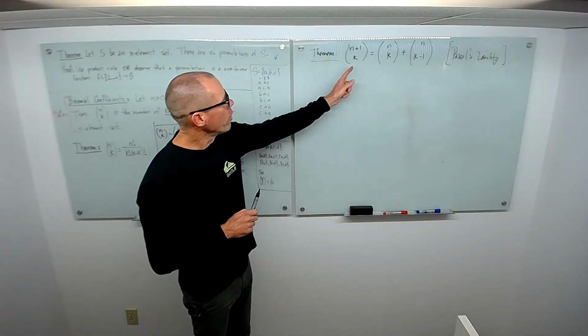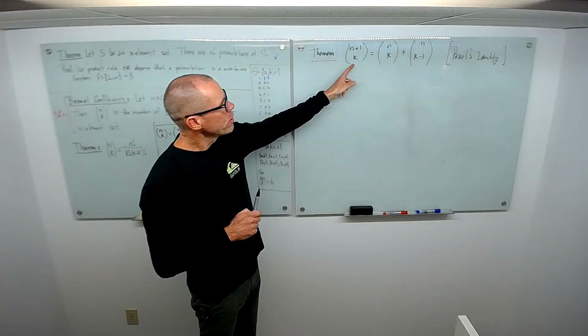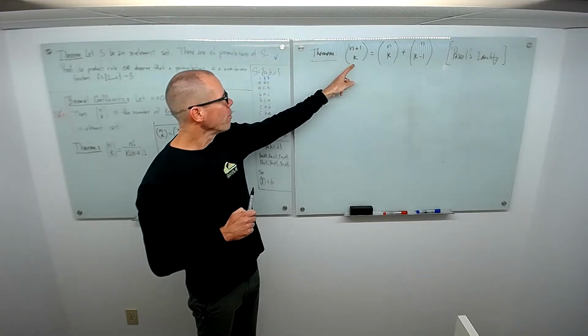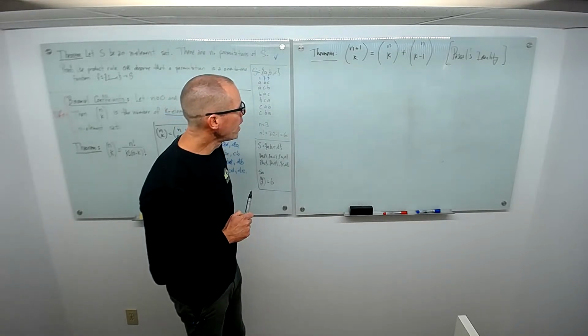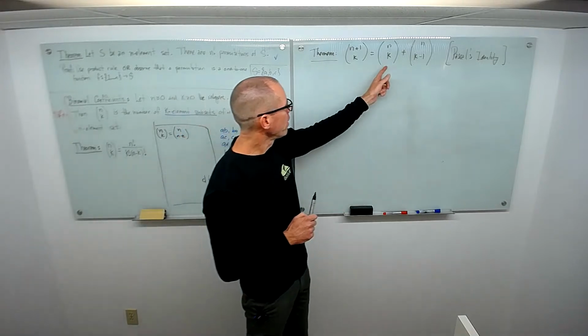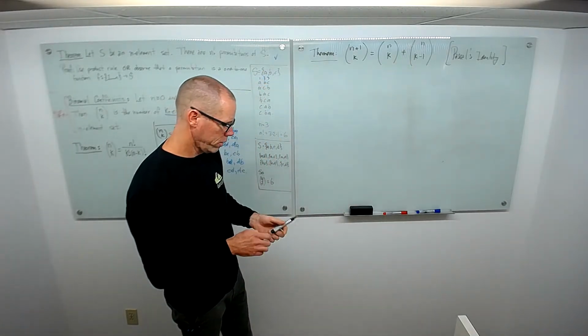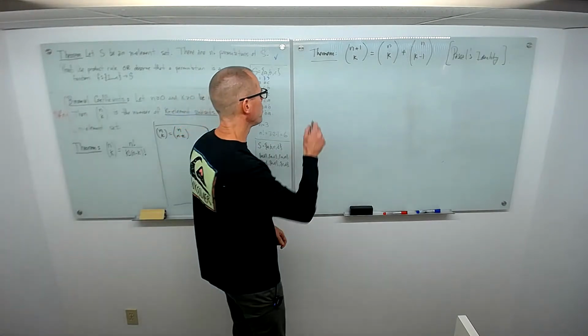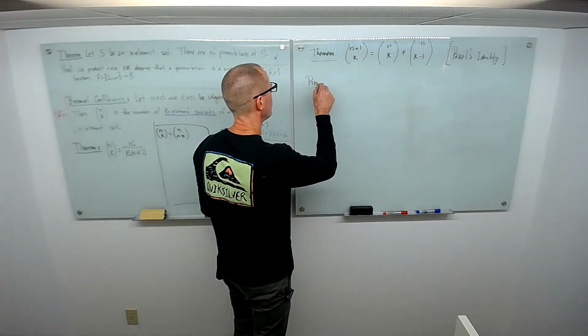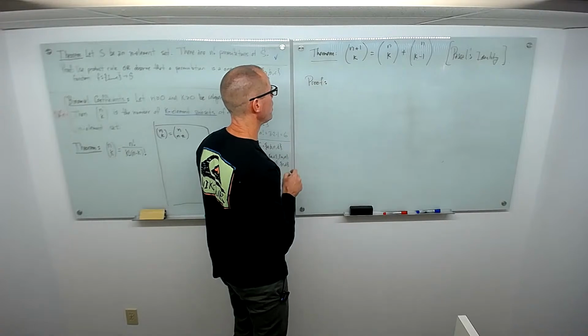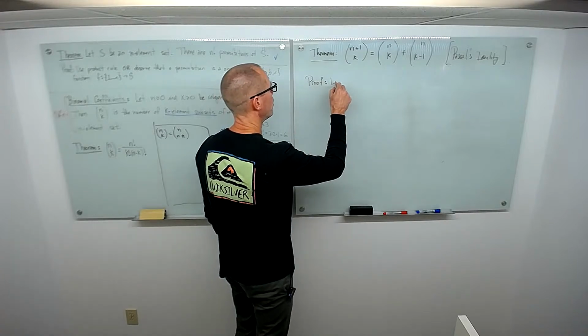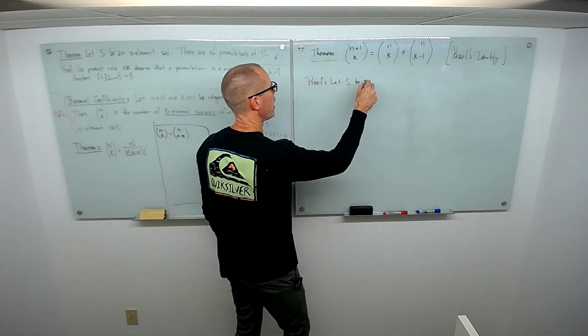The interpretation is, if I want to pick k elements from a set of size n plus 1, well, this is the number of ways to do it. And here's the proof. It's again by double counting. So let S be an n-element set.